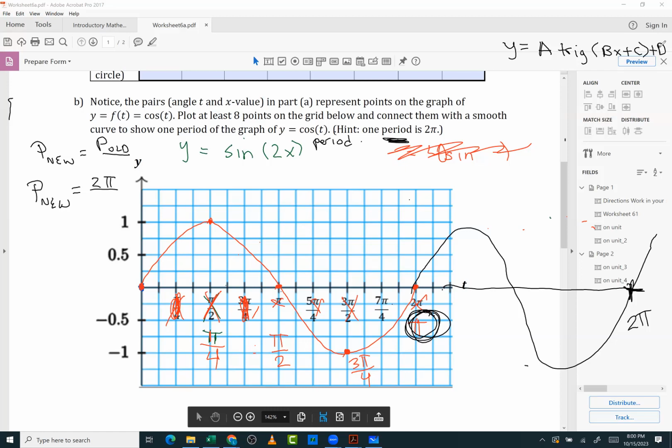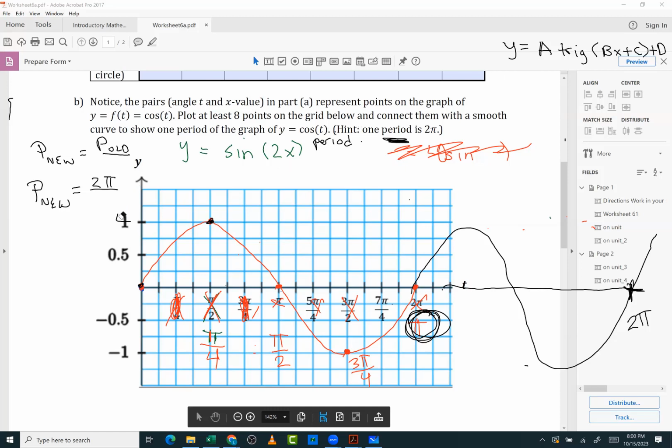So there are 4 different possible transformations. There's actually 6, but that just comes in with a negative. So right now, my A is my amplitude. It's how high it goes. From 0, if I had a 4 there, my amplitude would be 4.